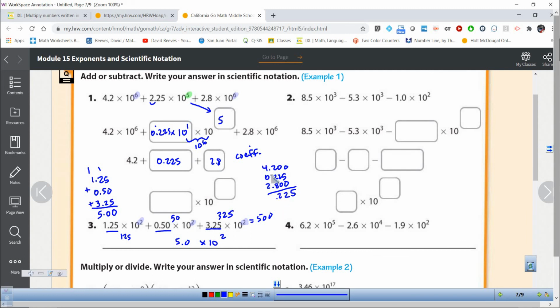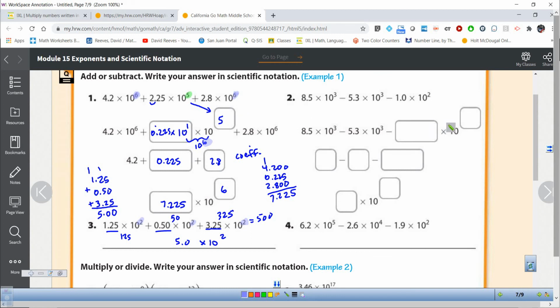Carry the 1. 5 plus 2 is 7. So I get 7.225 times 10 to the, what was it? 10 to the 6th, because remember, I made them all powers of 6. Well, I didn't have to make these ones powers of 6 because they already were powers of 6.